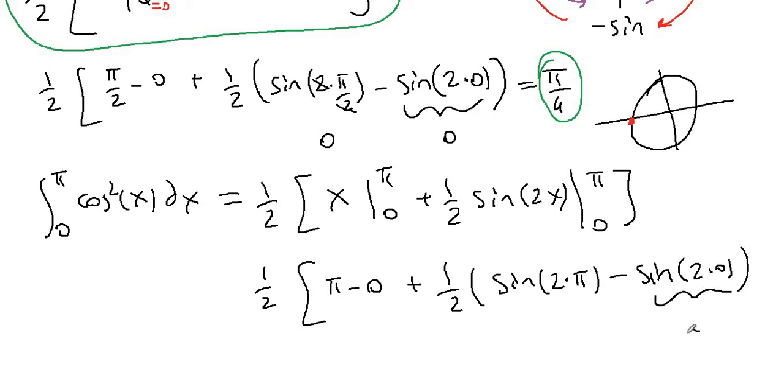Sine of 0 is 0, 2 times pi is 2 pi, and 2 pi is one full rotation, so the y-coordinate of this point is still 0. So sine of 2 pi is 0. So this whole term goes away again. This time, from 0 to pi, our integral will be pi over 2. So if our boundaries were from 0 to pi, then our answer is pi over 2.